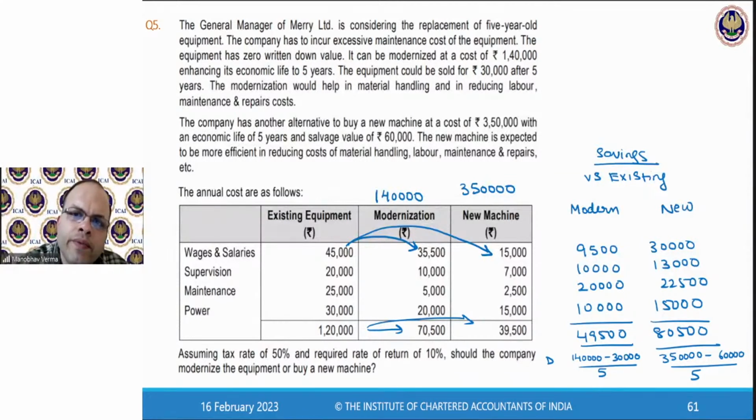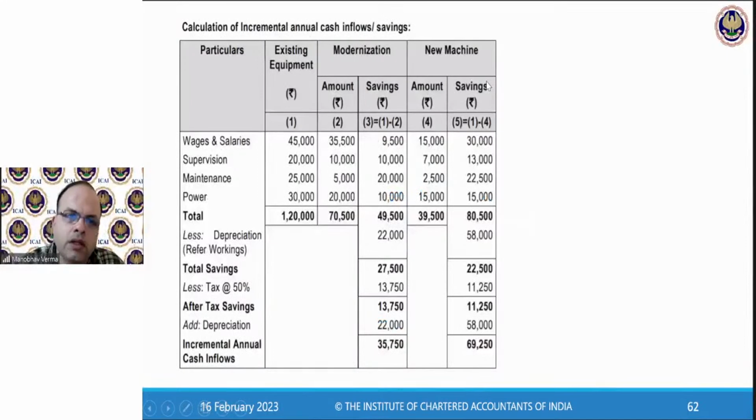What we'll do is we will reduce the depreciation, then we will apply the tax element and add back the depreciation. So whatever we have discussed till now, let us implement that. I think we were all okay till this point. 49,500 and 80,500, we get total savings after depreciation.